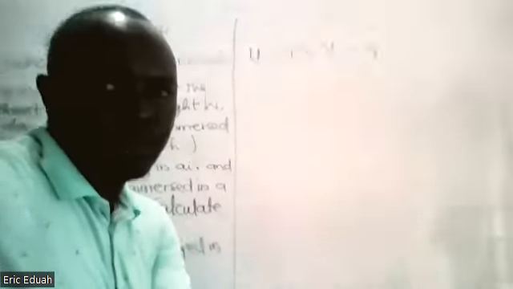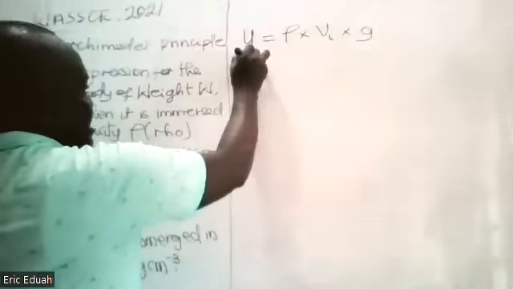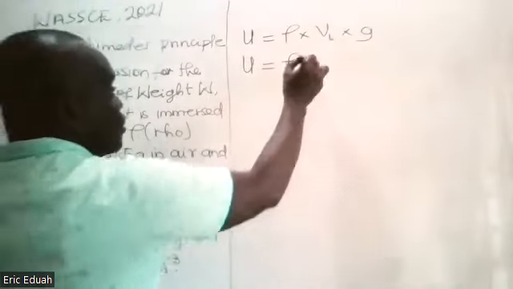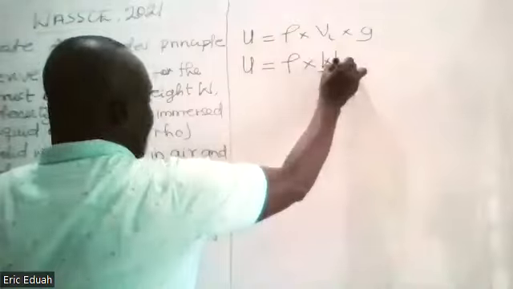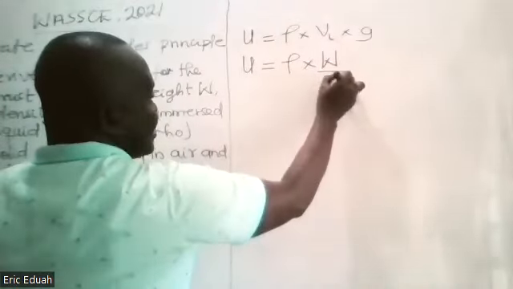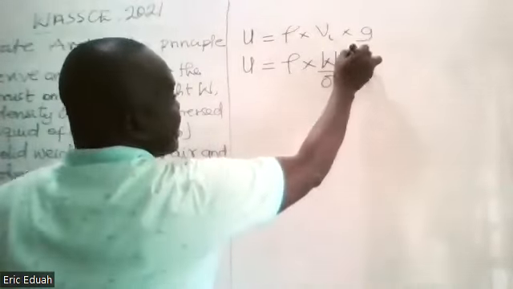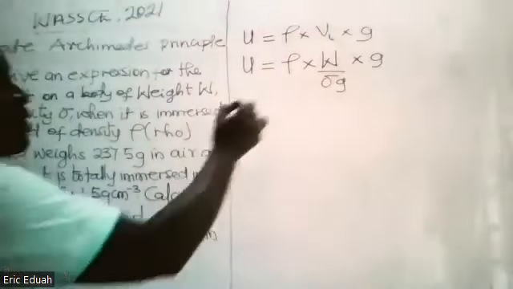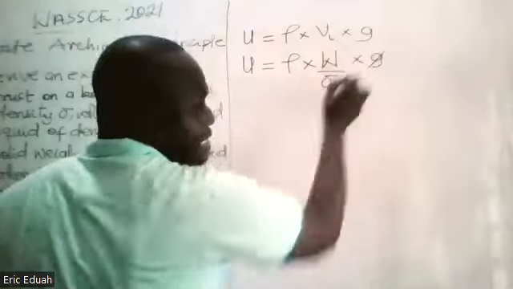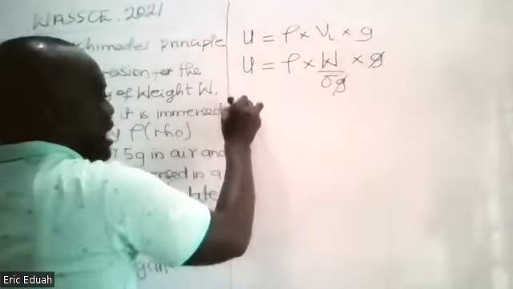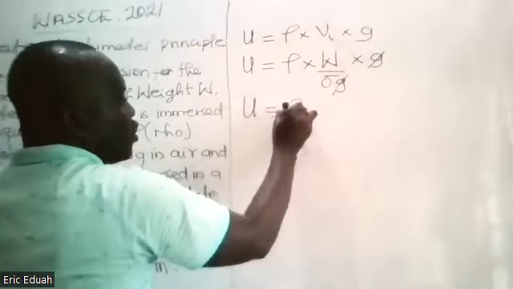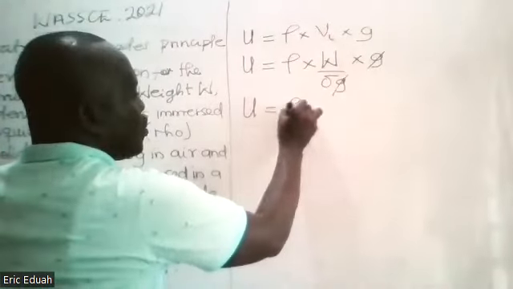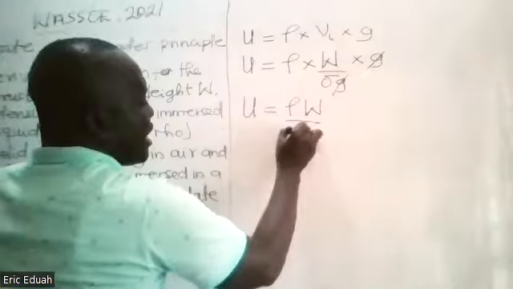When we do the substitution, we have upthrust equal to rho times W over sigma G times G. And gravity would cancel out so that the upthrust is equal to rho W over sigma.